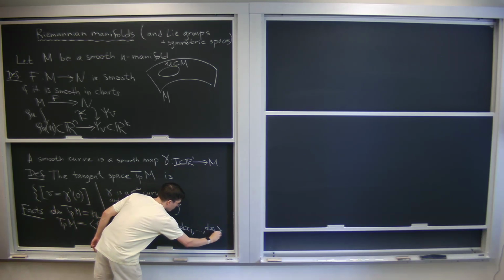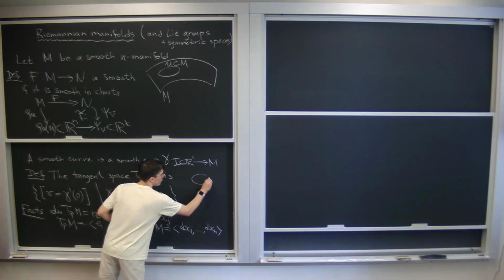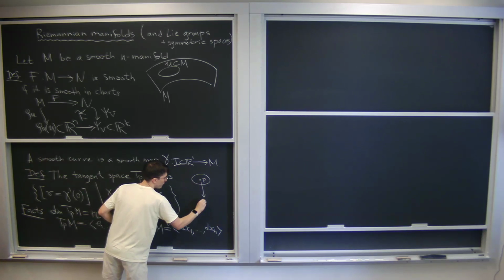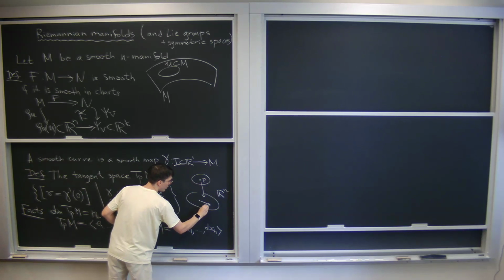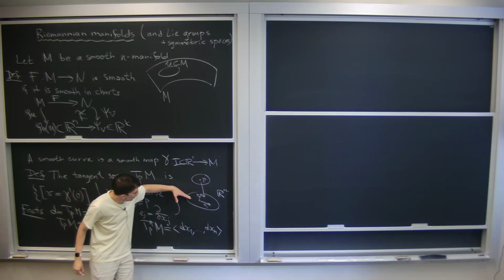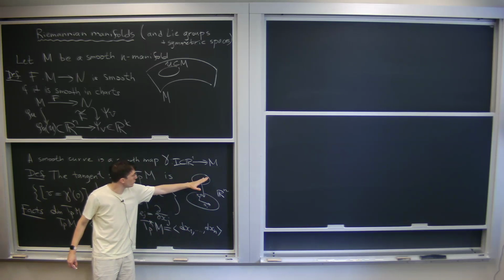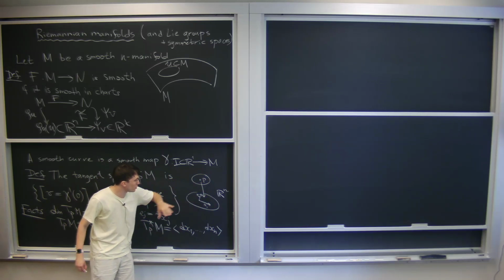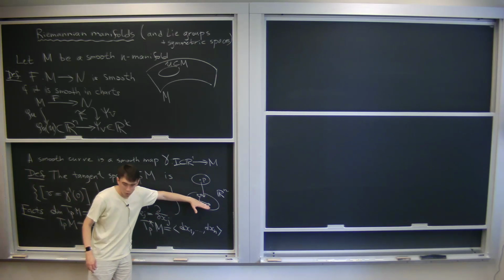The idea is that if we have a point P, it sits in some chart. Thus, we have a homeomorphism to an area in Rn, and there we have x1 and so on xn. We take the images of coordinate lines there, map them to the chart, and then take their velocity vectors.